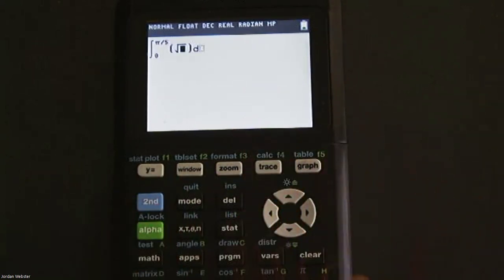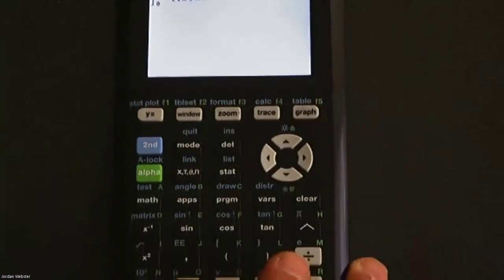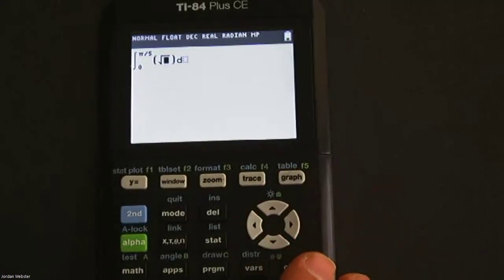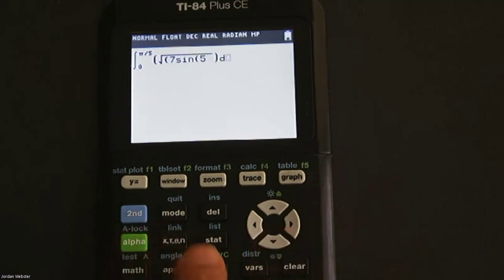And then I do a square root. Again, square root is the second and then the x squared button. And then I have to make sure I do this correctly. I put parentheses 7 sine of 5 theta. Again, variable button theta. And then I put parentheses around that in my quantity and square it.